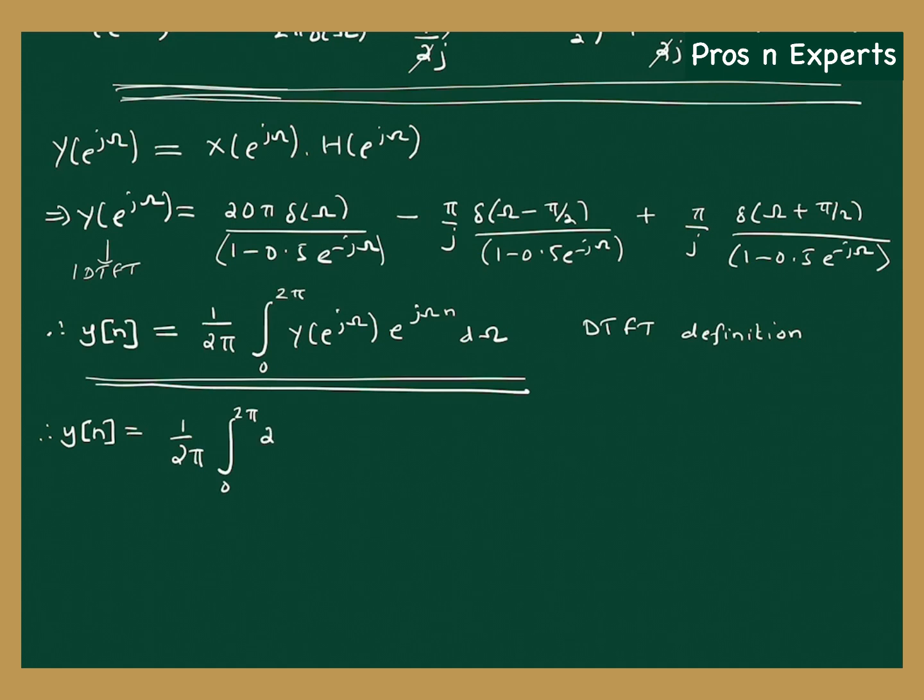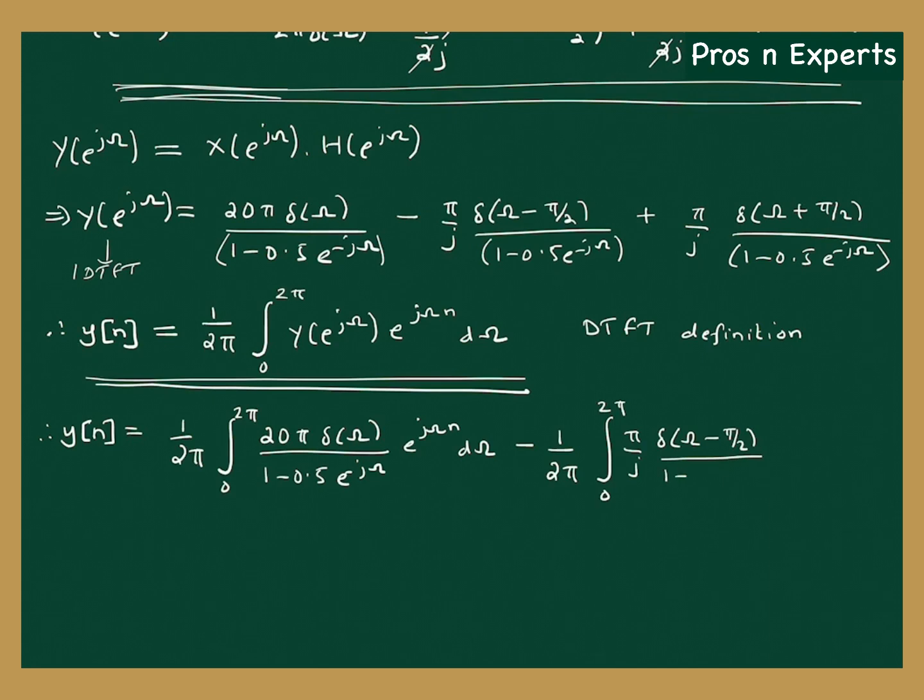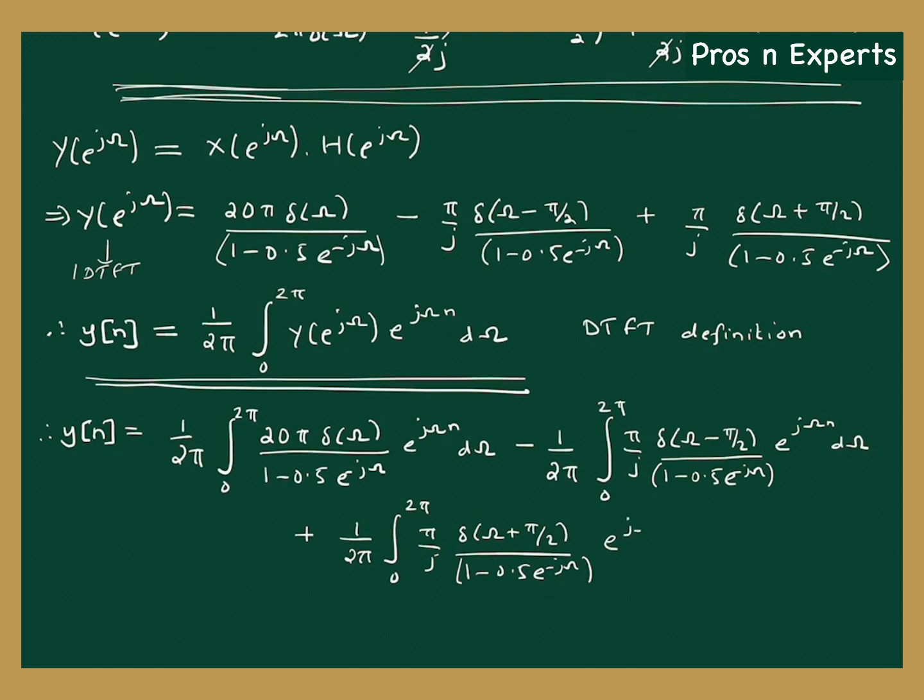The first term is 20 pi del of omega by 1 minus 0.5 e raised to minus j omega into e raised to j omega n d omega, minus 1 by 2 pi integral over 0 to 2 pi pi by j into del of omega minus pi by 2 by 1 minus 0.5 e raised to minus j omega into e raised to j omega n d omega, plus the last term, again 1 by 2 pi integral 0 to 2 pi pi by j into del of omega plus pi by 2 by 1 minus 0.5 e raised to minus j omega into e raised to j omega n d omega.